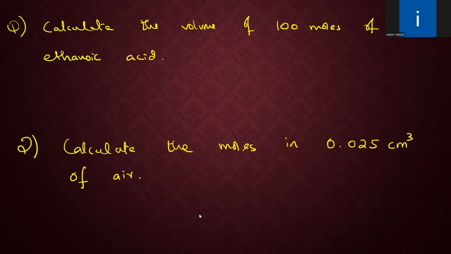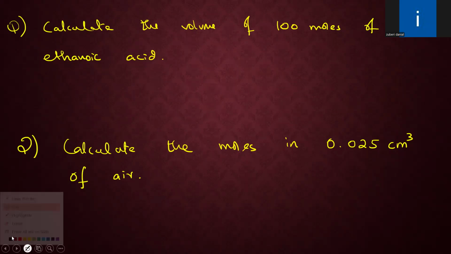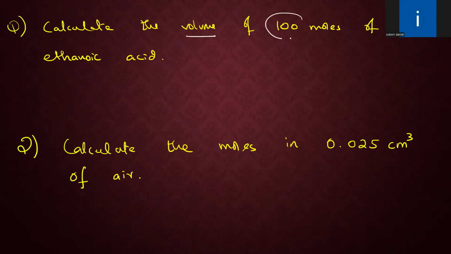So we have answers. The first one is 2400, and the second one is 0.010. Okay, let's try this. In part one, they want us to find out the volume, and they've given us 100 moles. It doesn't matter which substance they are talking about, ethanoic acid or anything else in the world.